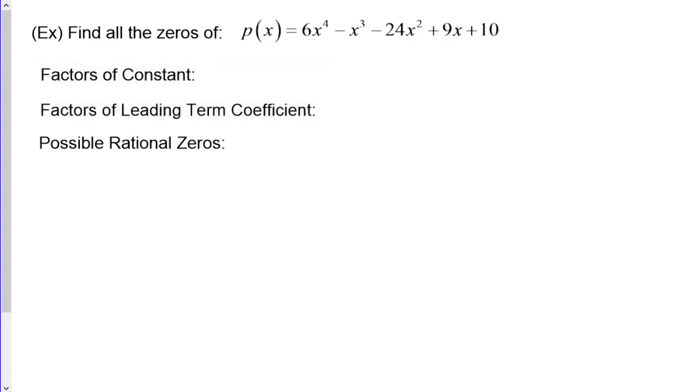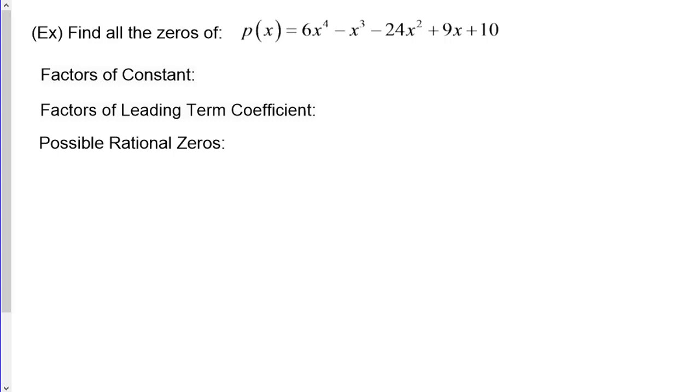Let's look at an example finding all the zeros of a polynomial function p of x equals 6x to the 4th minus x cubed minus 24x squared plus 9x plus 10. So we need to start finding initial zeros, and that's what the rational zeros theorem is going to do for us.